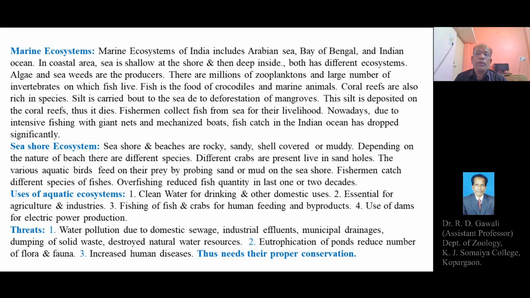What is important for the protection of the available natural water resources, may be fresh water, saline water, or marine water, is that we have to protect or conserve these aquatic resources for future use or utilization.